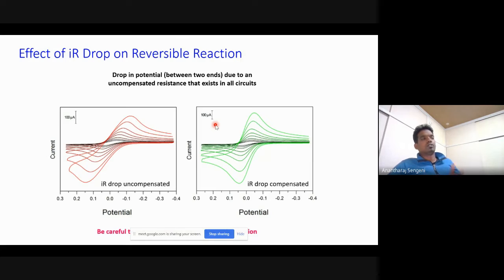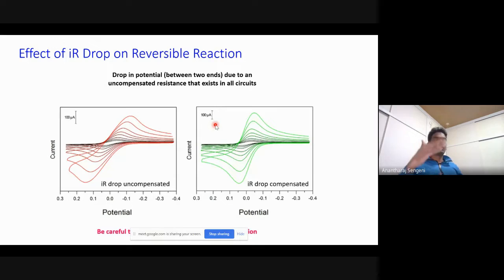If you ask me for sources other than solution resistance where RU can get contributed, they are the KIP and current collector, heterojunction, crocodile clip heterojunction, and all the heterojunctions you have throughout the circuit.